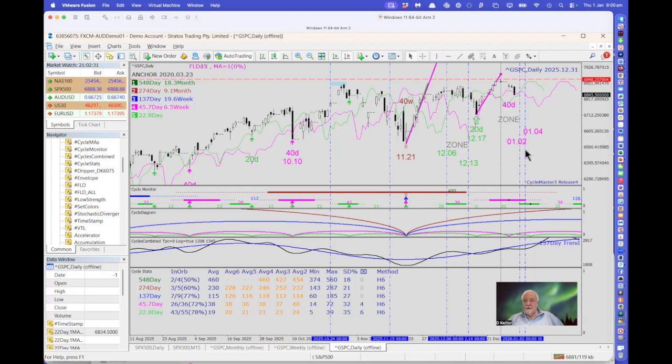The overlap zone is between the 40-day and the 20-day, and we can get some dates on those. That's a very tight zone: 2nd of January through to, yes, the 4th of January, as I have it labelled on the chart.